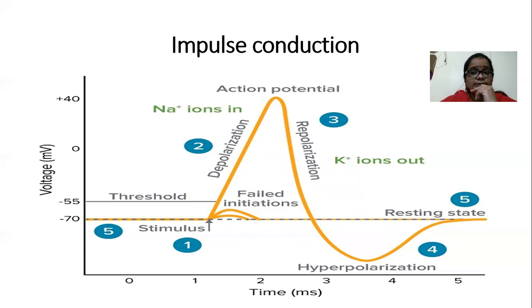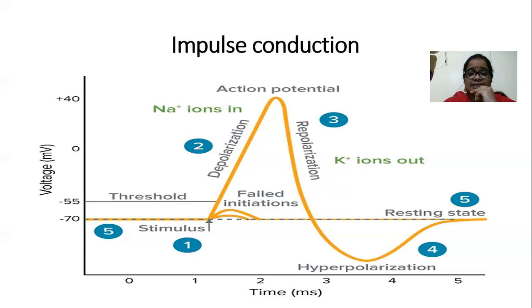So what is membrane potential? Membrane potential is the difference in electrical potential between the interior and exterior of a biological cell. Interior is the inside of the cell, exterior is the outside of the cell.